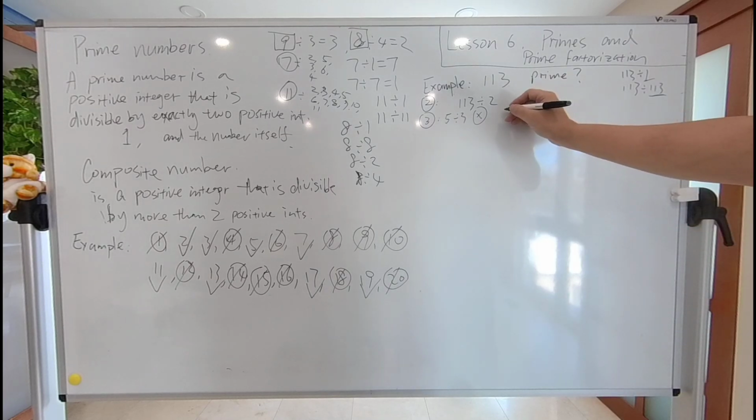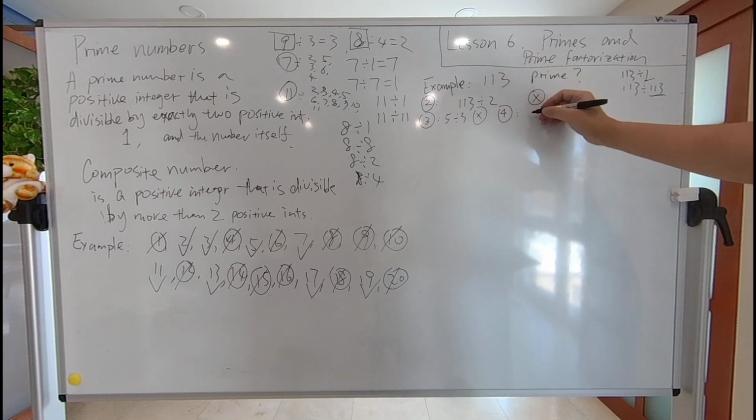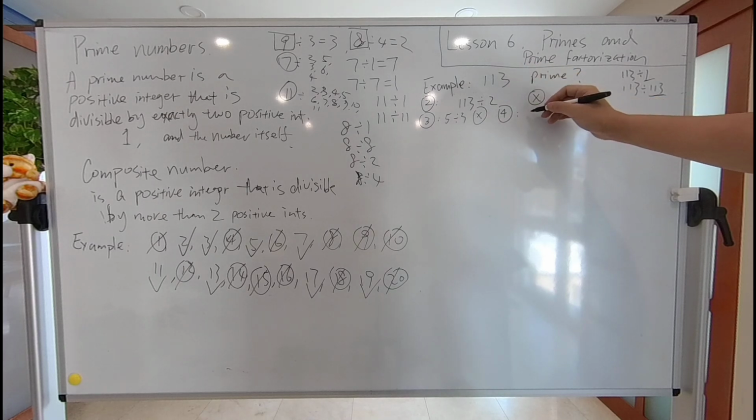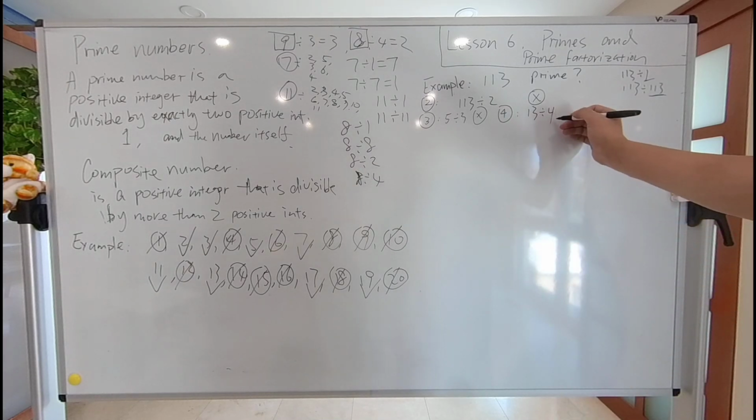And how about 4? Now, there are 2 ways. First of all, you can remember that the way to check whether a number is divisible by 4 is to check whether the last 2 digits are divisible by 4. Obviously, it is not.